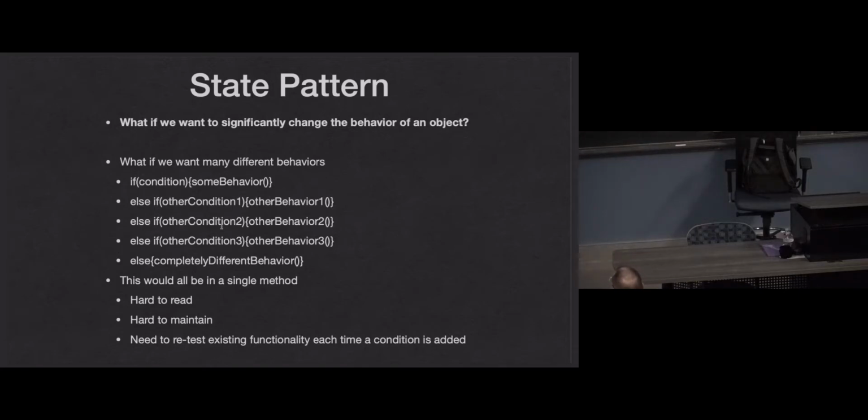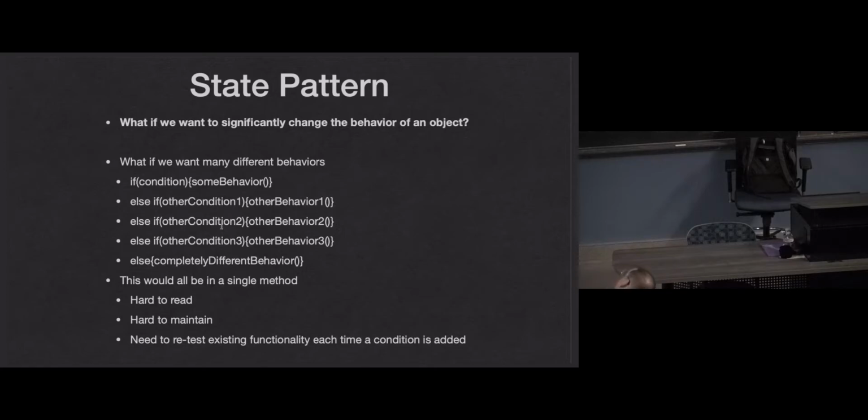Like a mathematical equation, no matter what the value is, any different value, you get different behavior, but not significantly different behavior. So if I have significantly different behavior that I can't just change through values in state variables, this is where I would start using the state pattern.